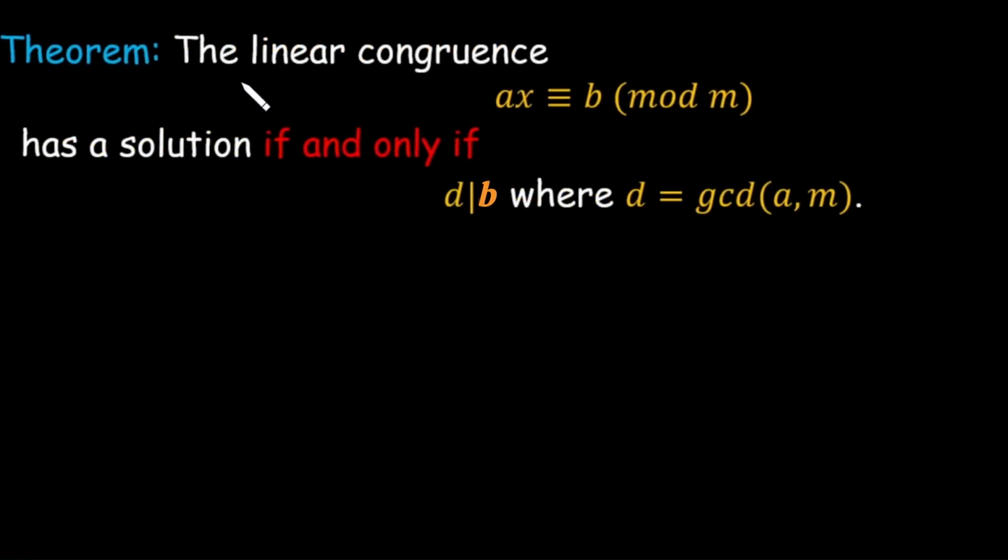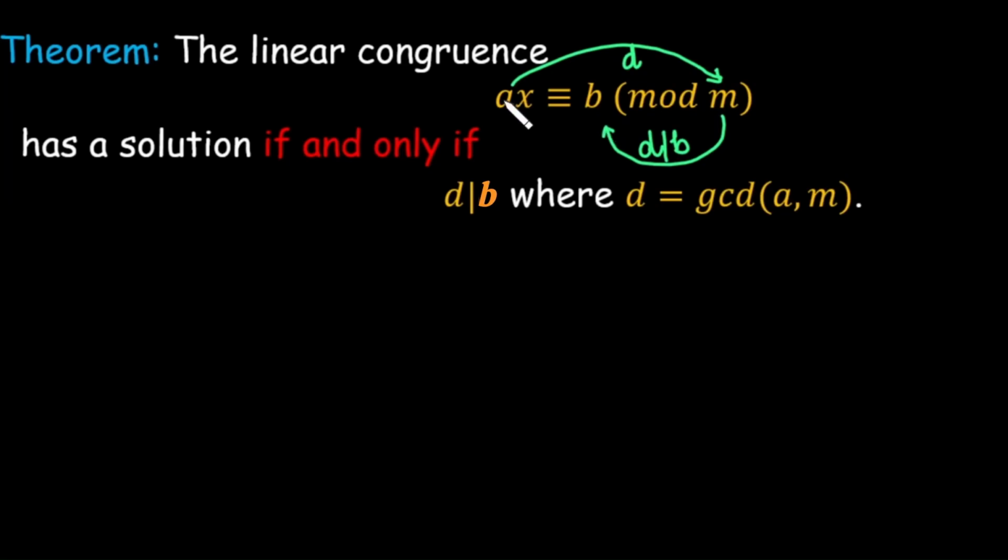The theorem states that if we have a linear congruence of this form, then it has a solution if and only if D divides B, where D is the GCD of A and M. What we need to do, starting with the given linear congruence, is calculate the greatest common divisor of A and M, and name it D. And you just need to check whether that GCD divides B or not.